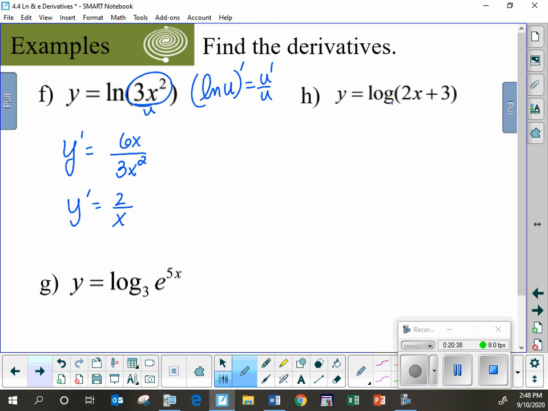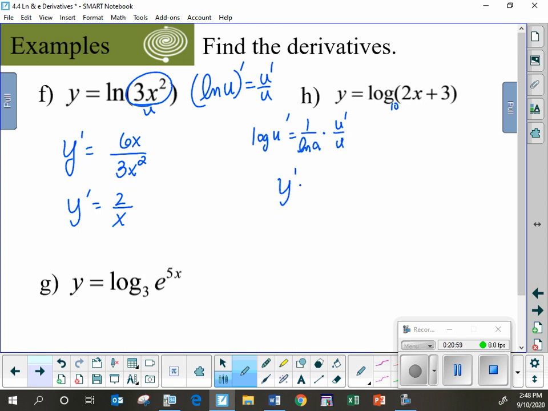Log, that has a base of 10. There is a formula for log. Log of u, the derivative of that is a 1 over natural log of the base times u prime over u. Okay, just gotta know them, don't ya?